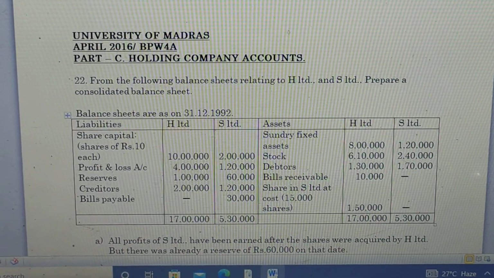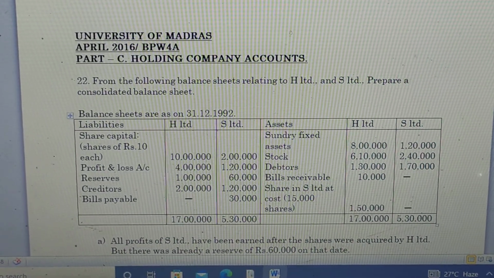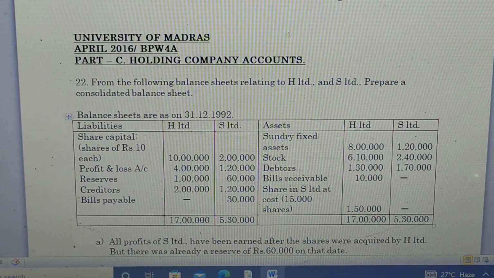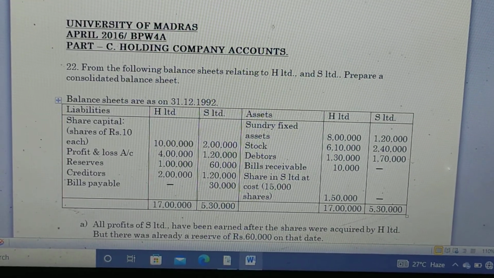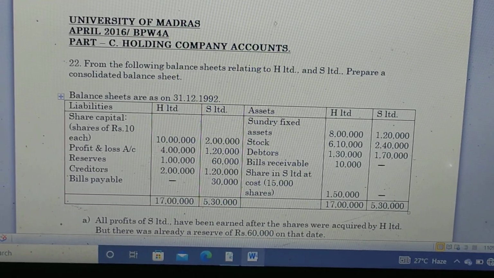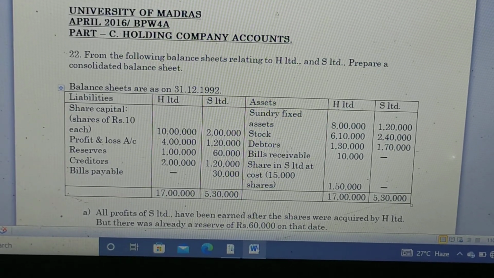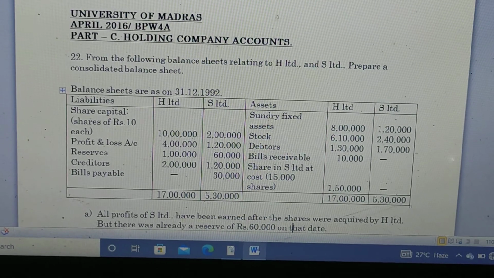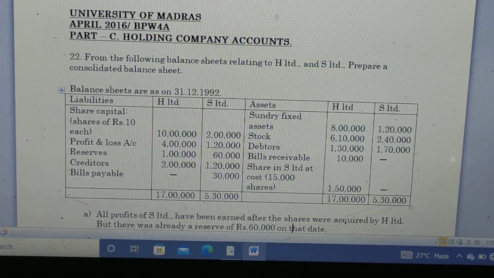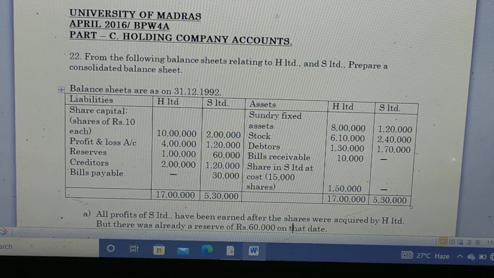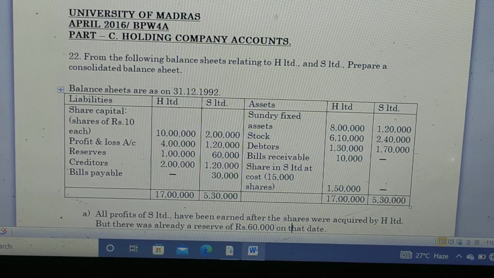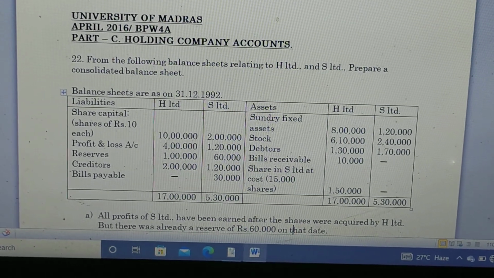Debtors 1,30,000 for H Limited, 1,70,000 for S Limited. Bills receivable 10,000 for H Limited. Shares in S Limited at cost, 15,000 shares, the amount is rupees 1,50,000 for H Limited.